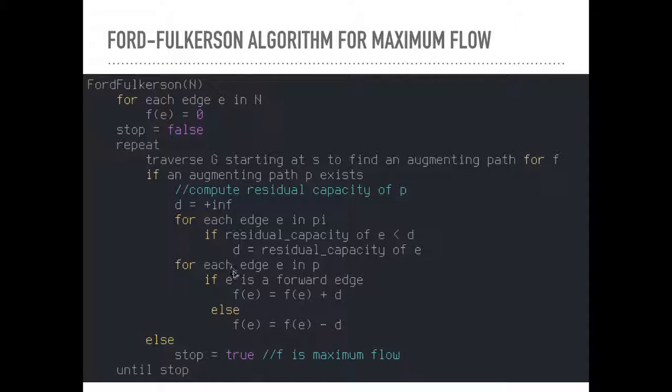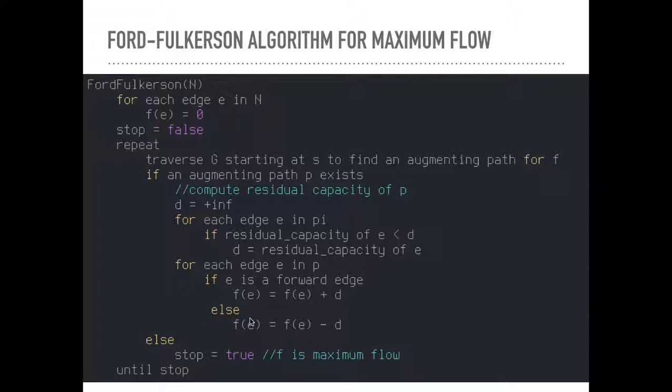And then for each edge in the path, if E is a forward edge, then the flow across that edge is going to be the flow that it already has plus D, the amount that's left to pump through it.